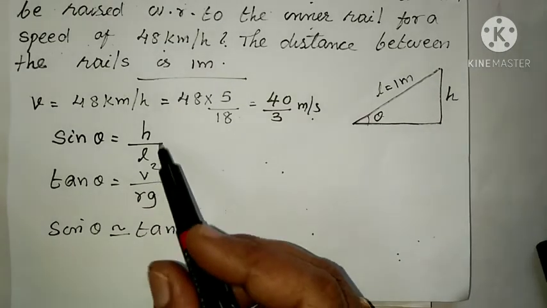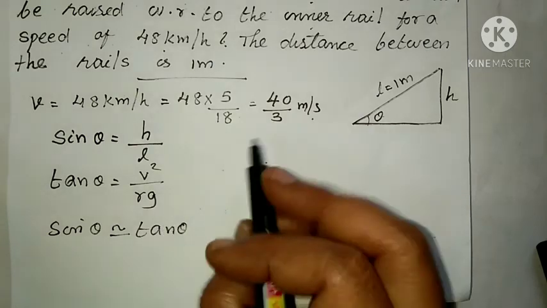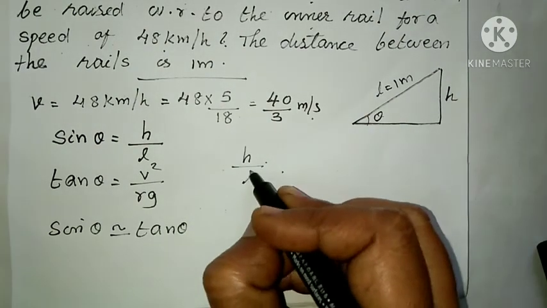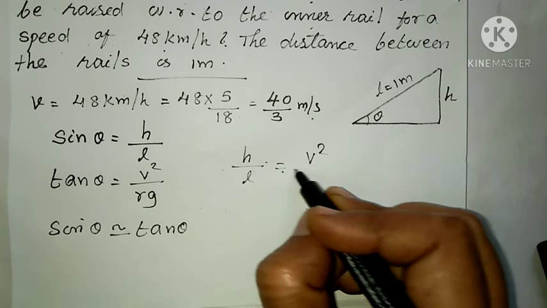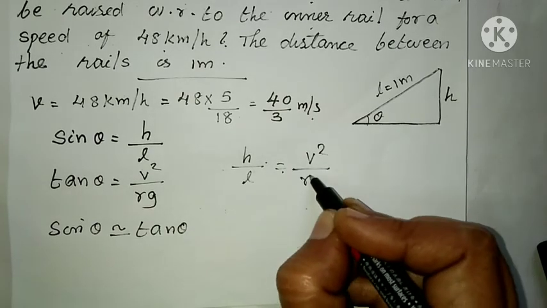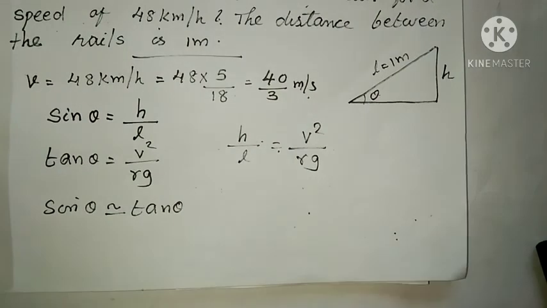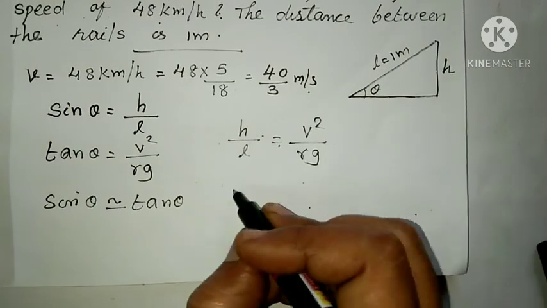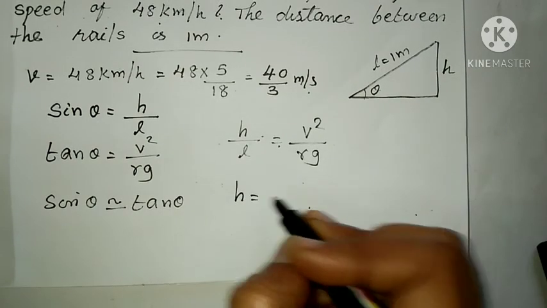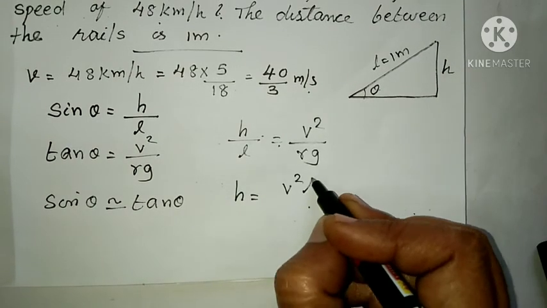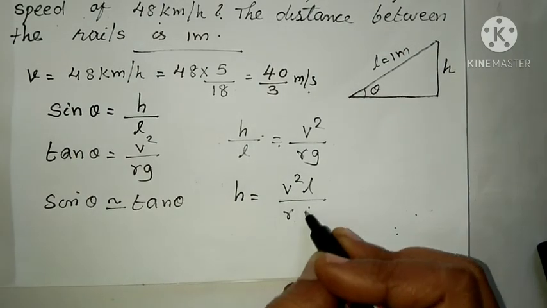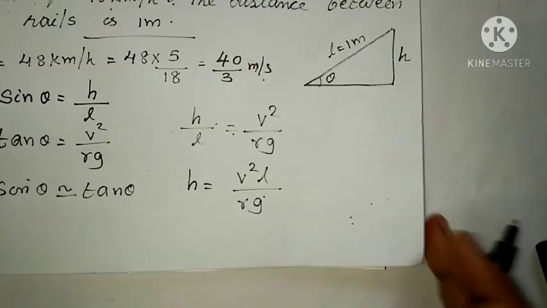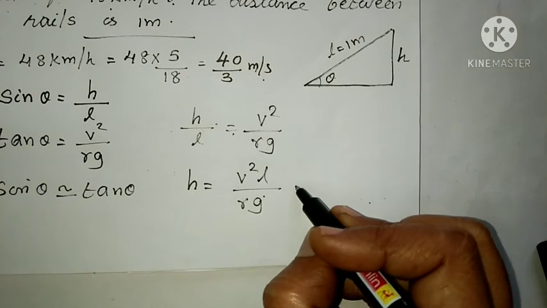So we can equate these two equations, that is h by L equal to v square by rg. From this equation we can write h equal to v square L divided by rg. Then substitute the values. What is v square?